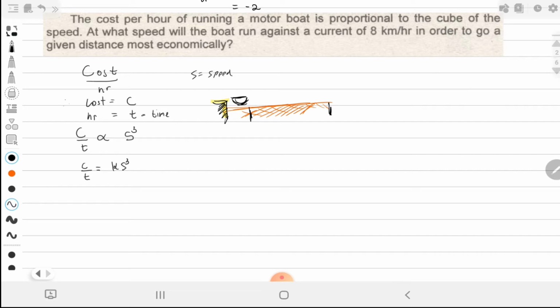Let's say that this will be our distance. So, the question here is what the speed of this is.